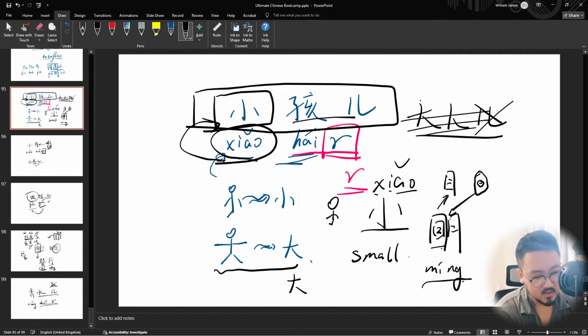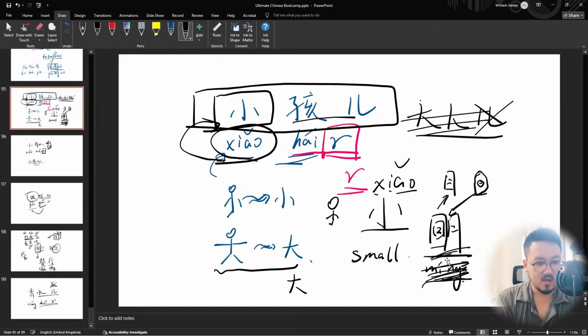But if you don't know this, you look at it, you don't know how to pronounce it, right? If I cross this out, you just look at the character, you don't know how to pronounce it. But if you look at the left side, you sort of know, oh, it's connected to the eyes. So this character must be connected to the eyes. You look at the shape and you understand maybe it's connected to a certain thing or some meanings. But if you just look at a character you don't know, you don't know how to pronounce it. Okay?